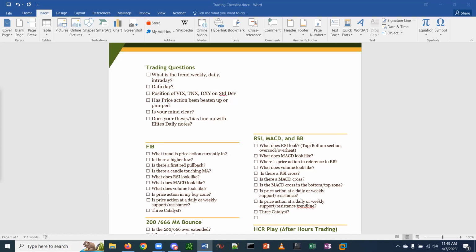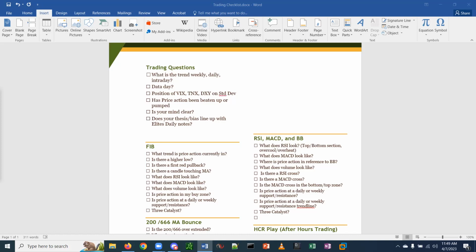So, data days are sometimes choppy, right? The way that I'm a long player: when I'm long-biased and the trend is up, I'm looking to catch 10 to 15 to 20 points.